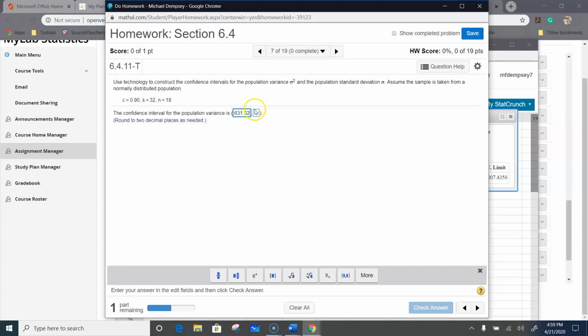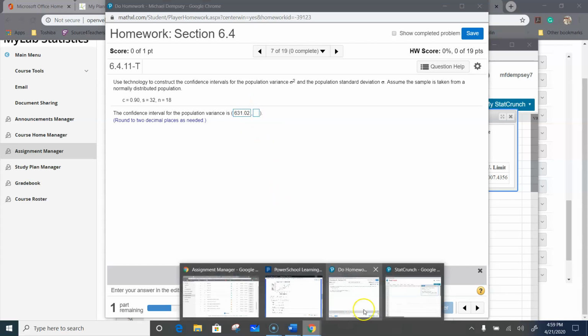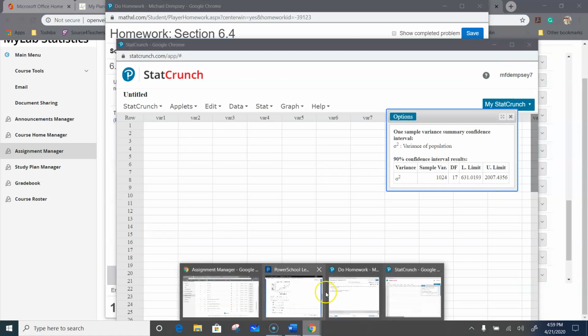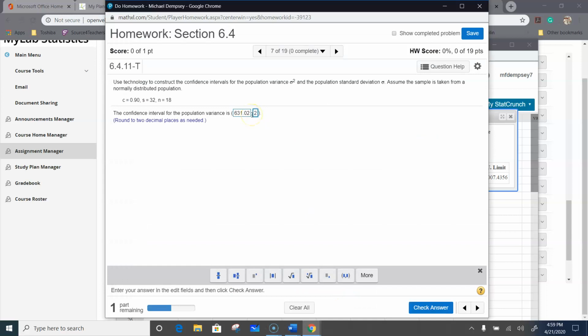So to two decimal places, 631.02, up to 2007.44. So let's see if that dog will hunt.